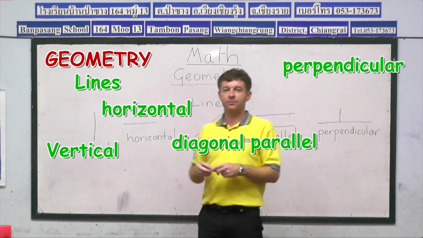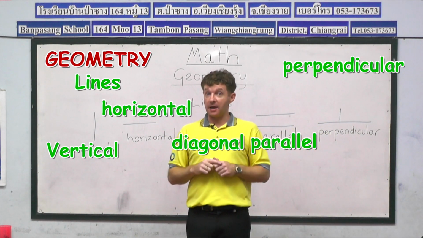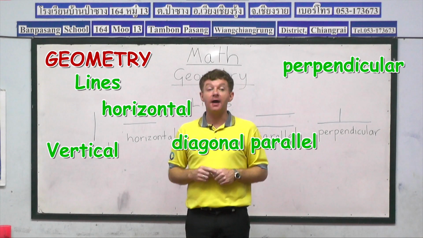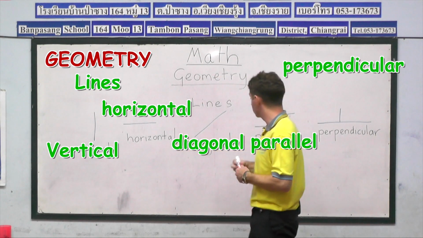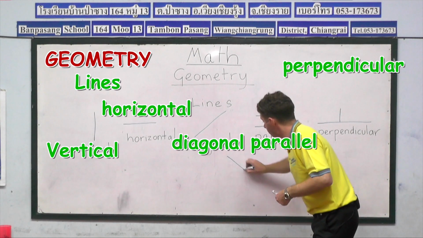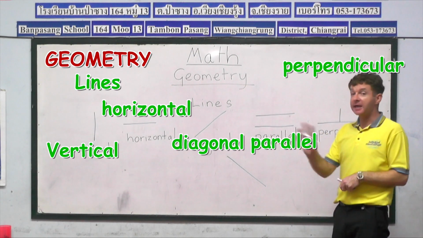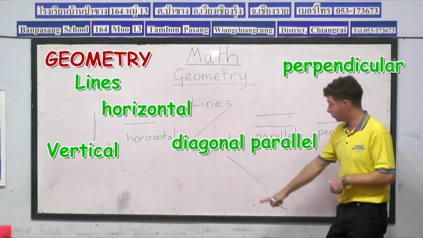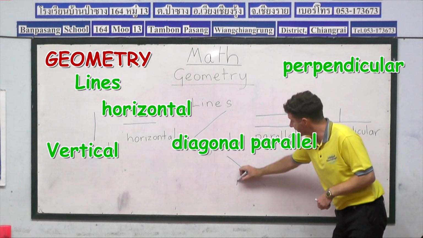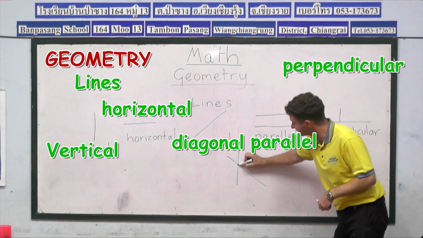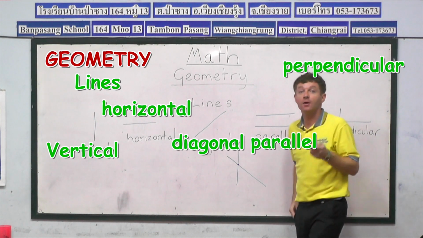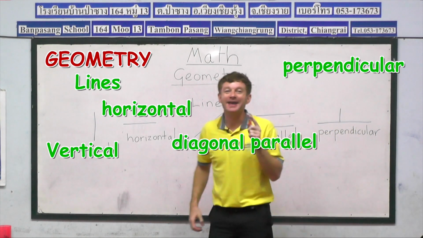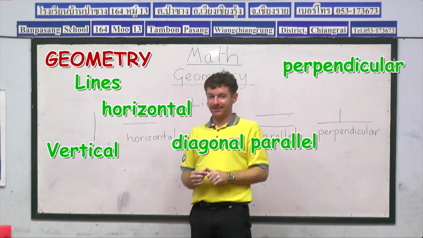Excellent, guys. And now, our final lines is 2 lines again. And what happens with these 2 lines is that they cross each other. So if we have one line going this way, they can cross anywhere. They can cross in the middle, or they can cross here. But as long as they have a point at which they both cross, or the word intersect.